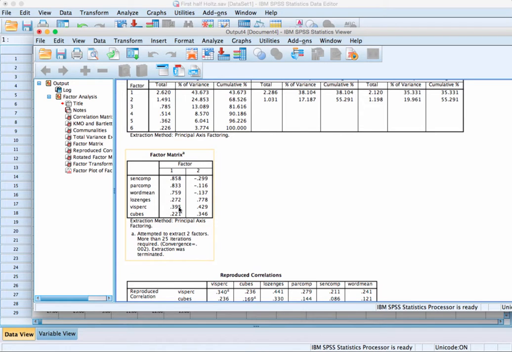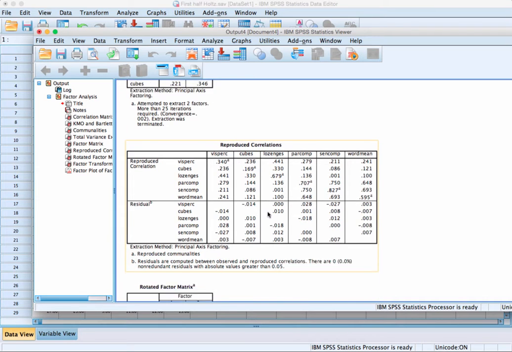And so you could see that these factor loadings for visual perception are not that much different, and we could say the same thing for cubes. These should have a standardized loading difference of about 0.200 in order for them to be uniquely identified as being on one factor.